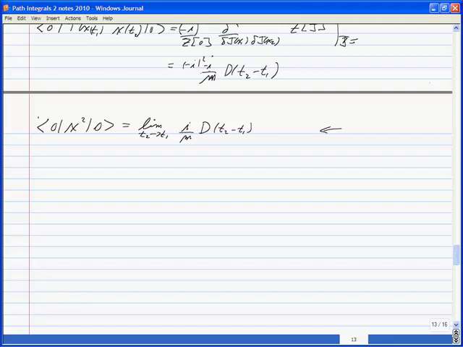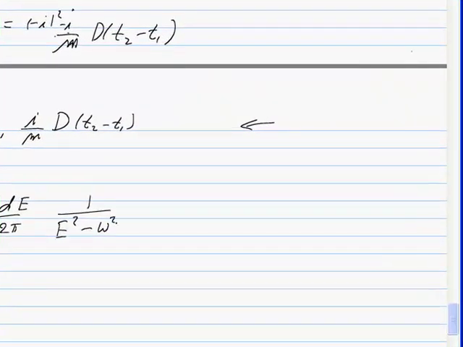Okay. So to evaluate this, I'll claim that d of t minus t prime is the integral dE over 2 pi, 1 over E squared minus omega squared plus i epsilon, e to the minus i E (t minus t prime).